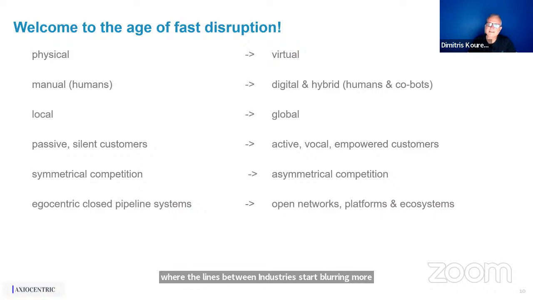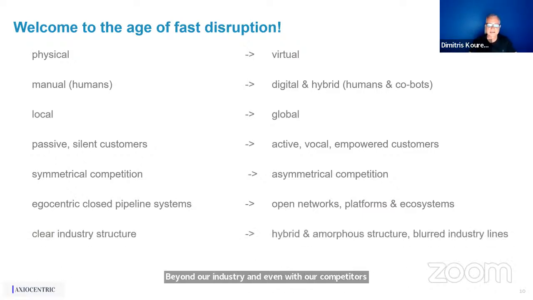To succeed, we should never think only about our own closed pipeline system, where we think only about our suppliers, our retail partners, and how we sell to customers. So in our supply chain, we have to think about open networks and how we can work together beyond our industry and even with our competitors many times.